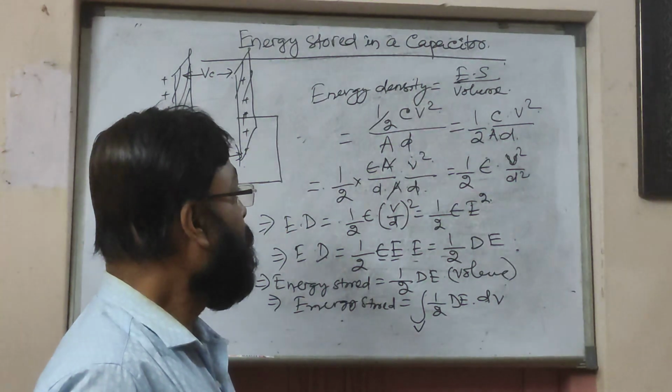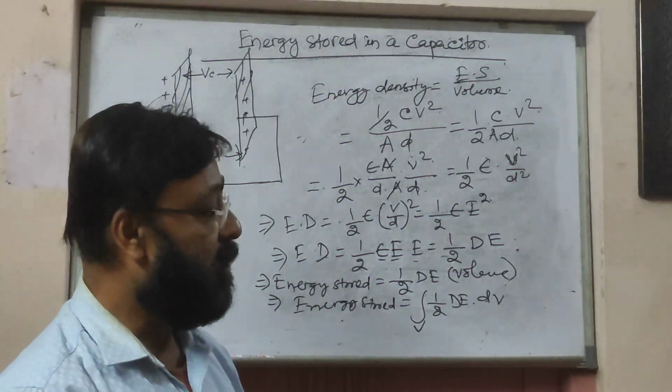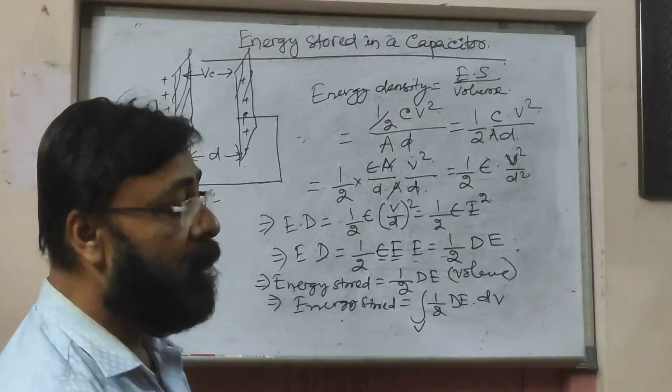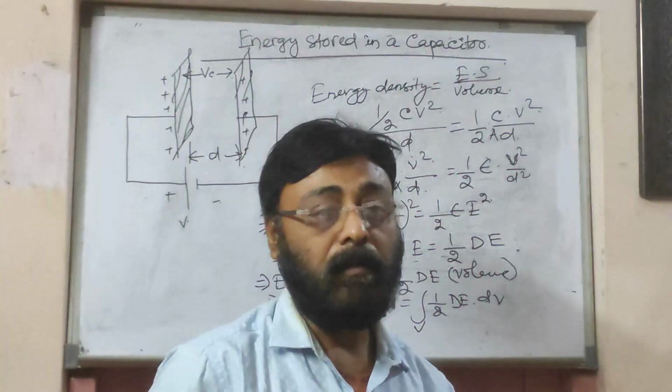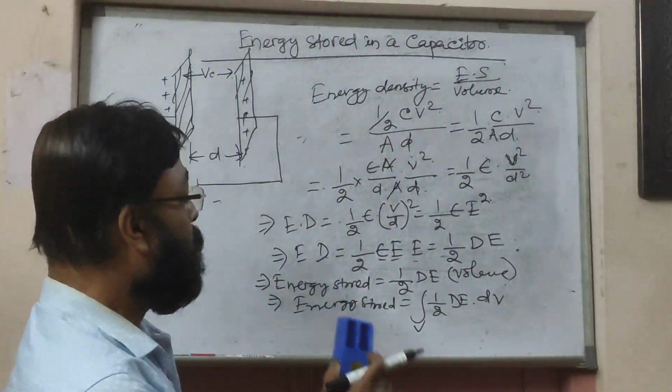This is the formula we are deriving for the energy stored in the capacitor. Now suppose there are n number of point charges. What will be the energy stored?